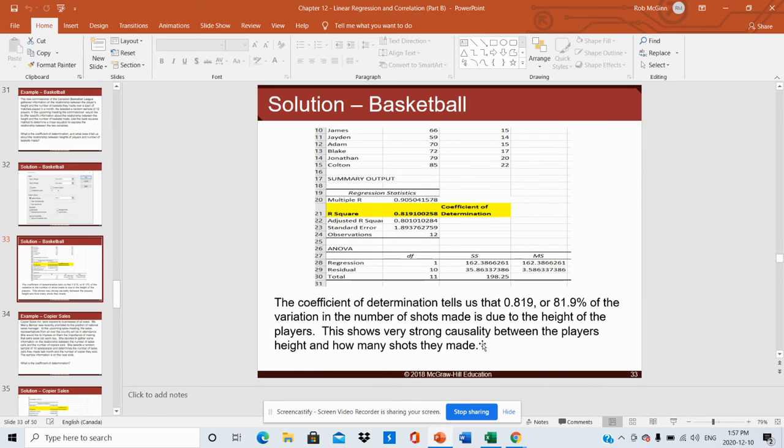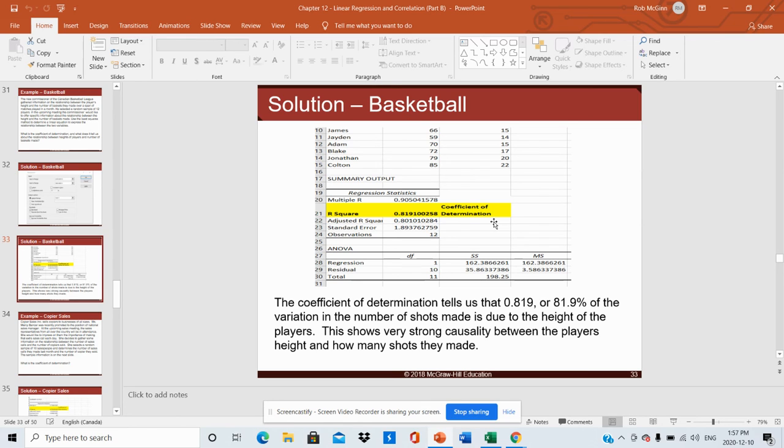When we look at the table, we're still under regression statistics here. Just below the multiple R or correlation coefficient, you'll see R square, and that's the coefficient of determination. So in this case, the coefficient of determination is 0.819.